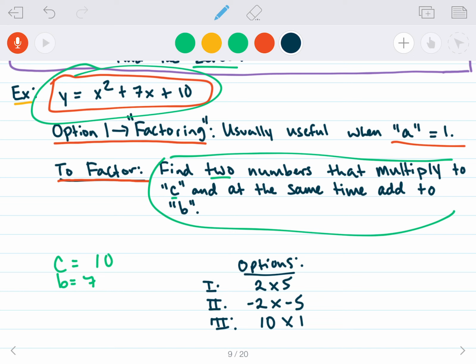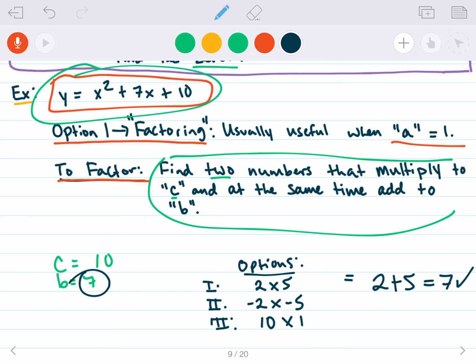Which of these three options are going to add to positive 7? Well, it has to be option 1. Positive 2 and positive 5 make a positive 7. Ding, ding, ding. So option 1 is our correct answer. A negative 2 plus a negative 5 is a negative 7, right?